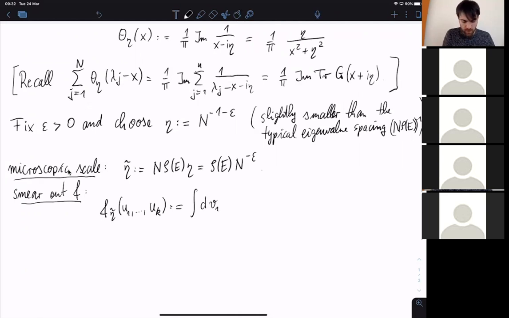It's a convolution with this theta eta. So we integrate with respect to v1 up to vk. This integral runs over R^k.